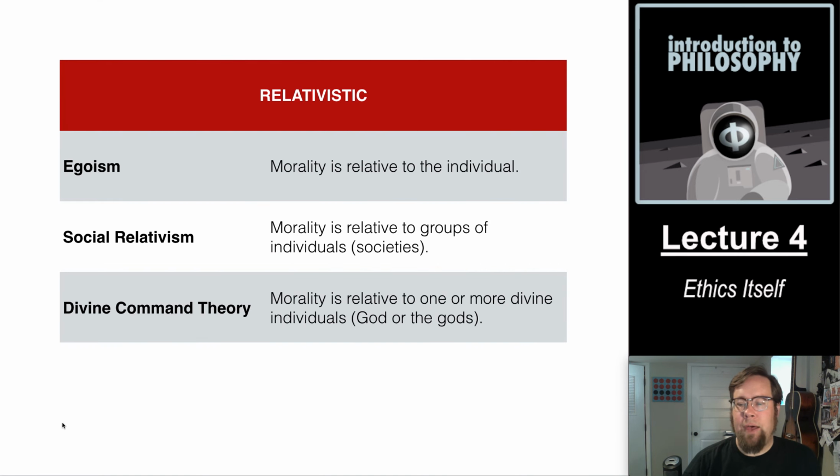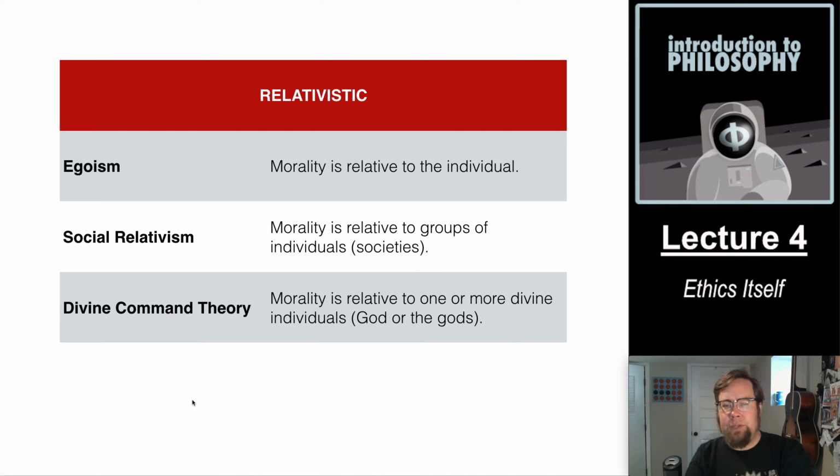And I emphasize the way in which they made things relative to people's opinions or judgments. Egoism makes it relative to the individual people. Social relativism makes it relative to groups of people. And divine command theory makes it relative to special people, maybe the most special person of all, God.